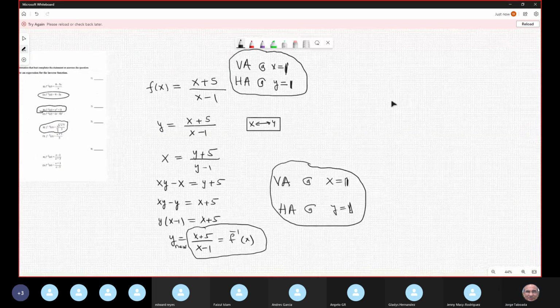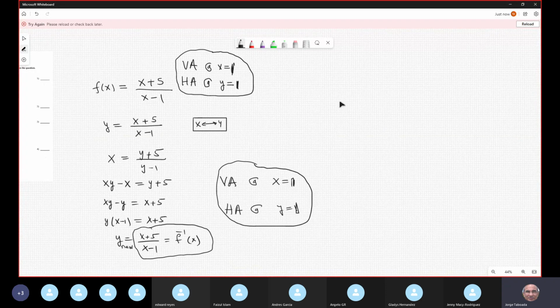Now, I want to confirm it using the composition: f inverse composed with f inverse. So in this scenario, you replace with the inverse function here and here, in two places.